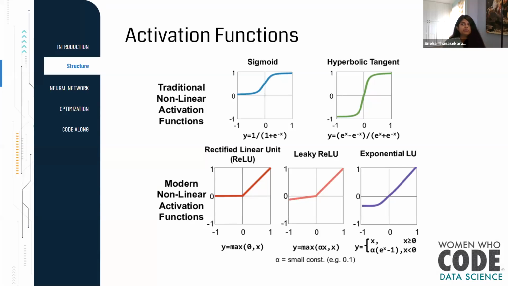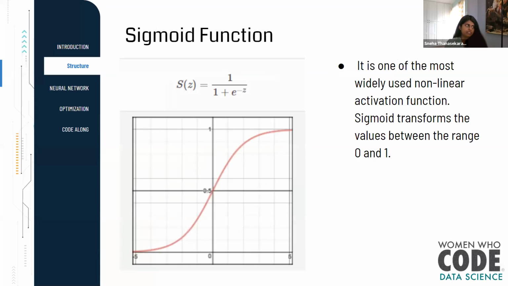Two commonly used activation functions are the rectified linear unit and the logistic sigmoid function. The ReLU has a hard cutoff at 0 where its behavior changes, while the sigmoid exhibits a gradual change. Let's look at each one of them in detail.